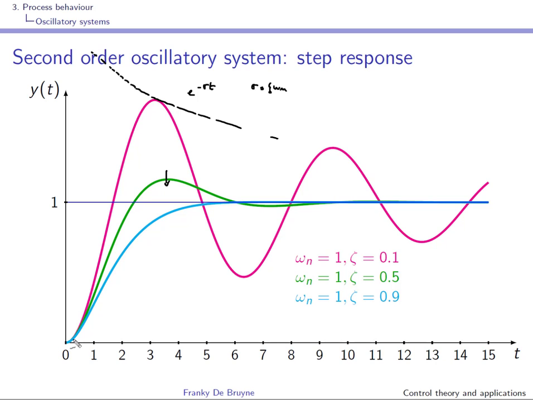The degree of the denominator is 2 and the degree of the numerator is 0, and therefore if you look at what is happening at the origin, you will see that of course both the step response and its slope are 0, right? We had seen something similar for two successive first order systems, so a second order lag system.